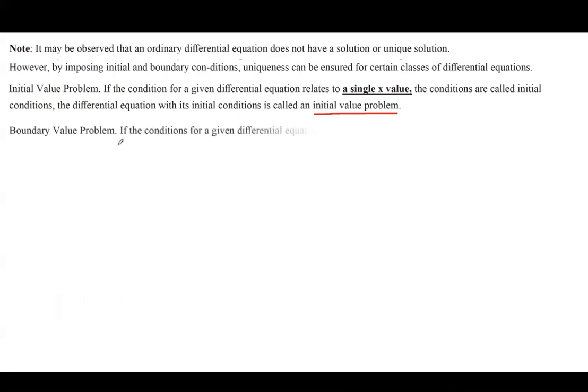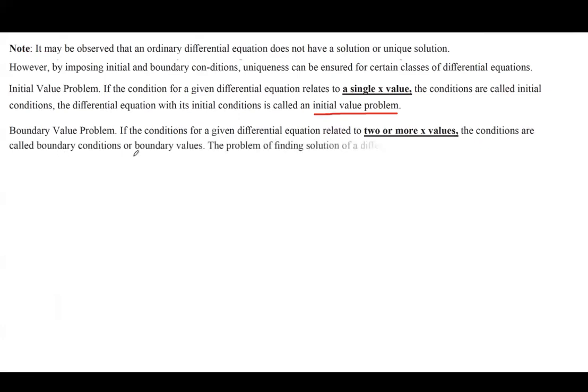For a boundary value problem, if the conditions for a given differential equation relate to two or more x values, the conditions are called boundary conditions or boundary values. The problem of finding a solution of a differential equation with its boundary conditions is called a boundary value problem.